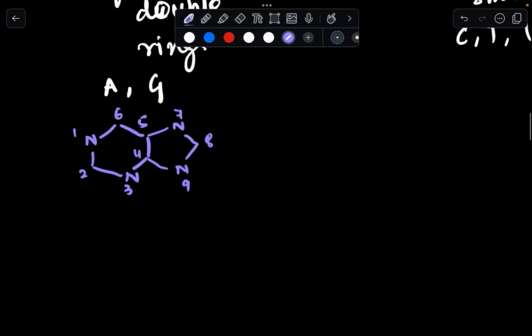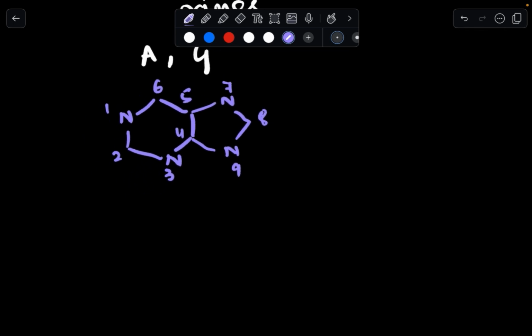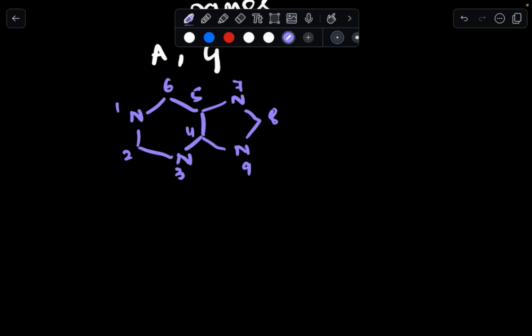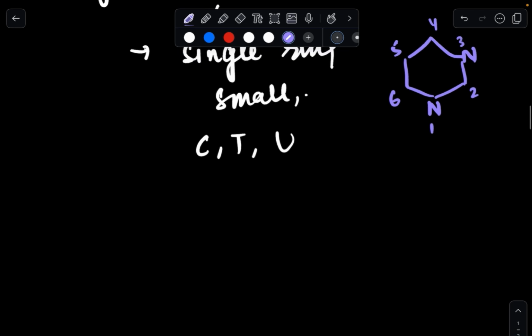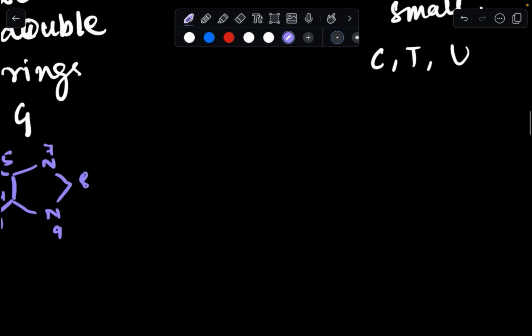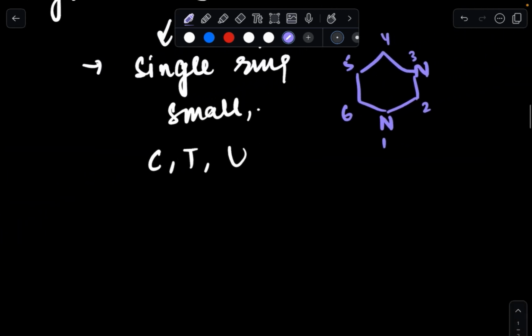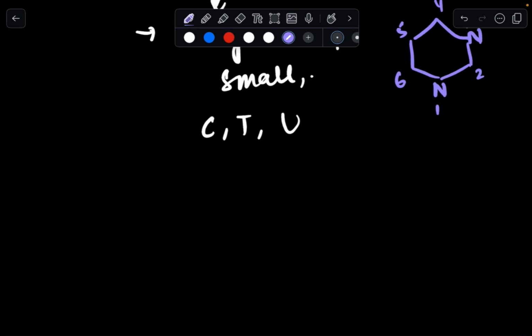Now remember, in purines the numbering is always anti-clockwise, and in pyrimidines it is also anti-clockwise, but you can do clockwise also, then you have to invert the structure.